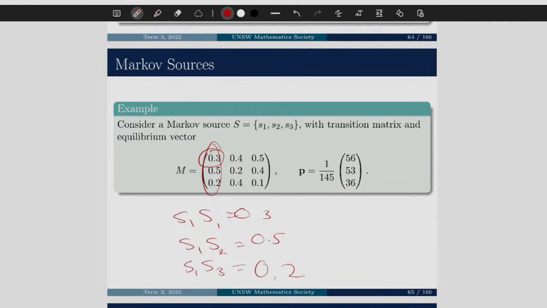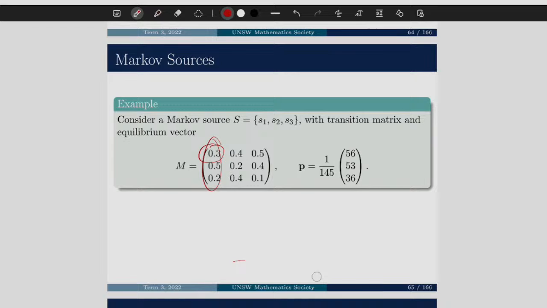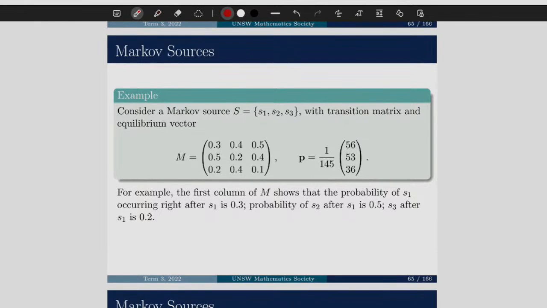That's essentially how we read this, right? And the probabilities here, similarly, the probability of S1 happening, well, we just read the very first one, which is going to be 56 on 145. The probability of S2 occurring is 53 on 145, and the probability of S3 is 36 on 145. Right? That's essentially what we're reading off here, and that's written down here as well.